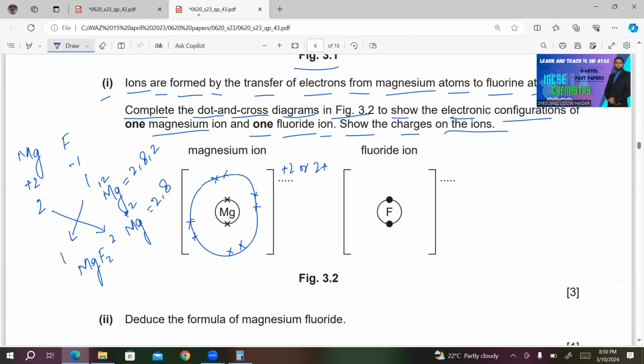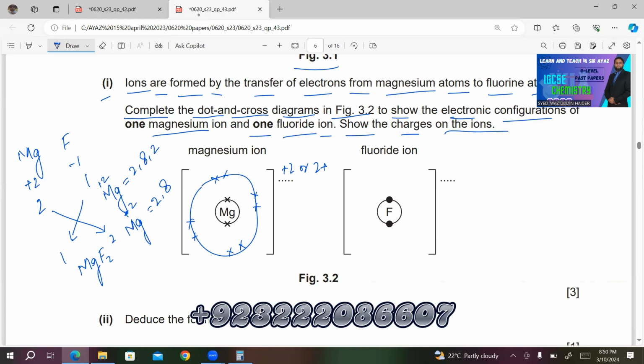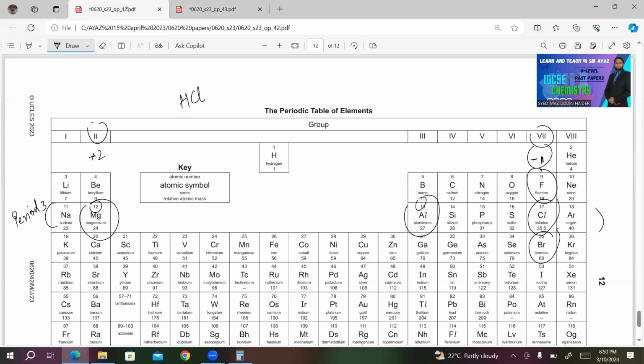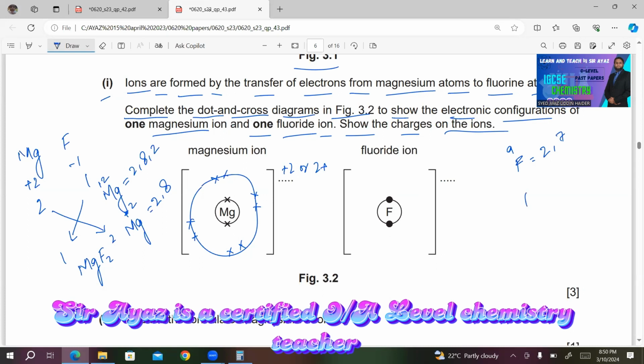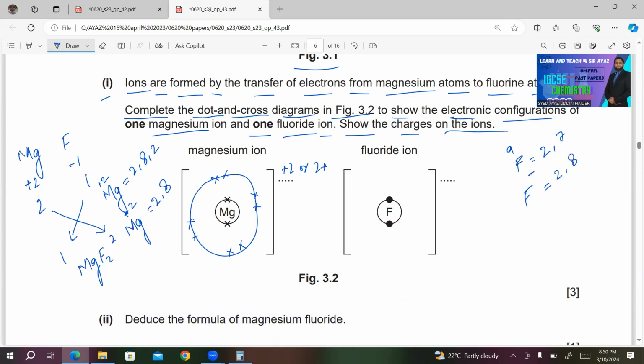What about fluorine? Each fluorine atom will receive 1 electron. Here is fluorine. The proton number of fluorine is 9. The electronic configuration of fluorine is 2, 7. After gaining 1 electron, it has 8 electrons in the valence shell and it will acquire a minus charge. So I'm going to show 8 electrons in its valence shell. 1 electron will come from the magnesium atom.